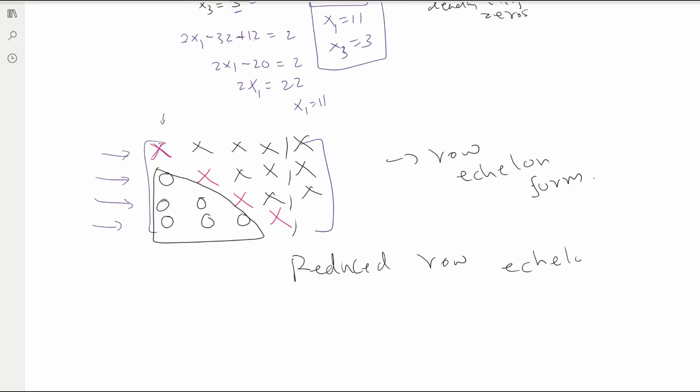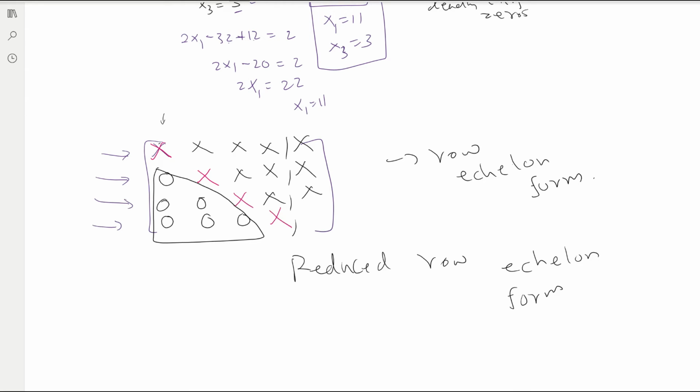So when you're solving a system of equations, you should try to get the row echelon form, and from there, if you like, you can do a few more steps and get the reduced row echelon form, and that way it's even easier to get the final solution.